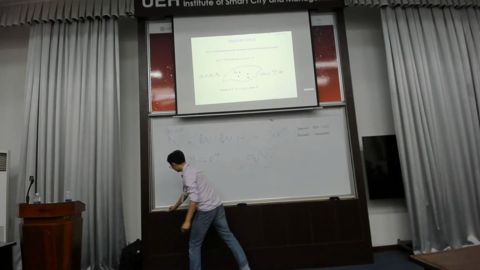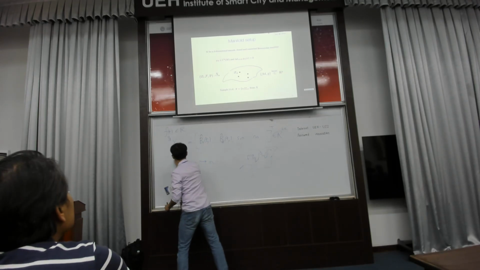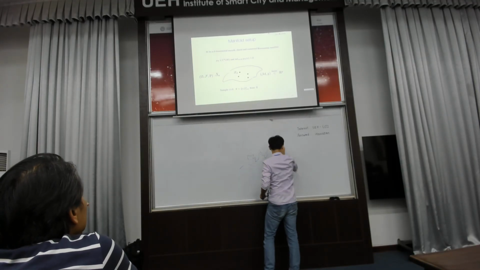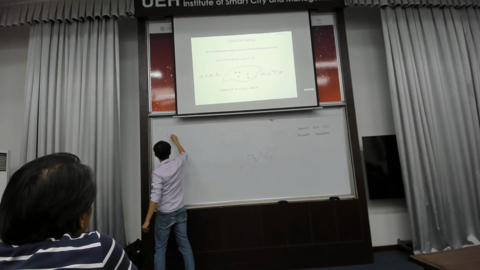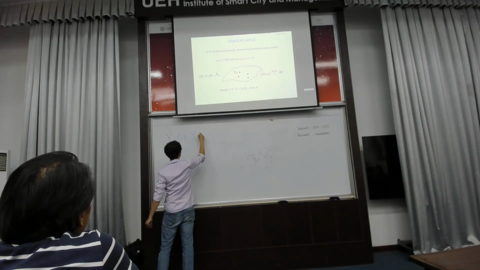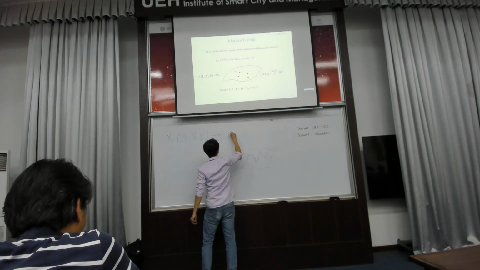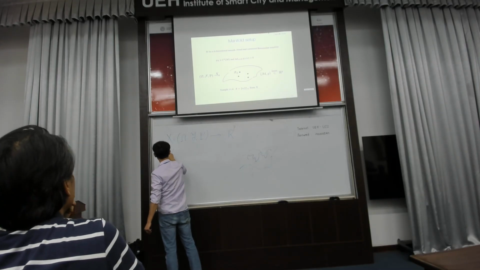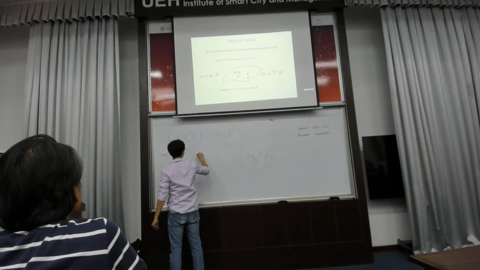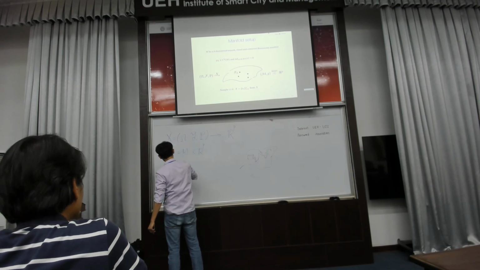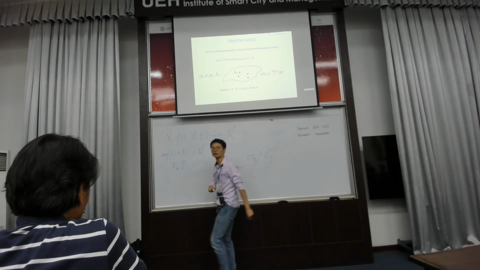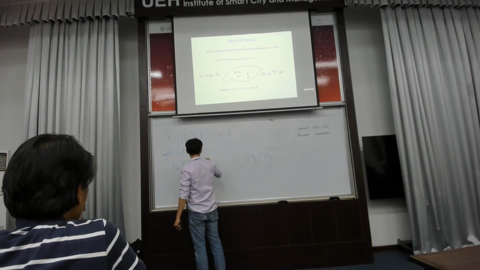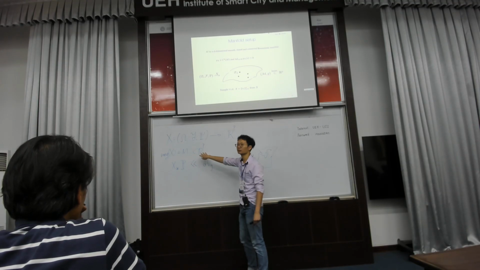So let me make it clear so that we don't get confused. What you have is X from Omega to R^p. You assume that the range of X is a manifold in R^p, such that you have some kind of induced measure P on the manifold. And you assume that it is absolutely continuous with respect to the Riemannian measure on the manifold.